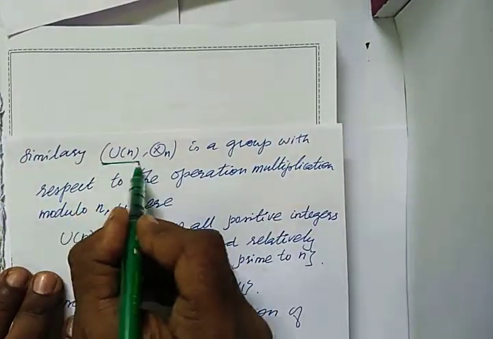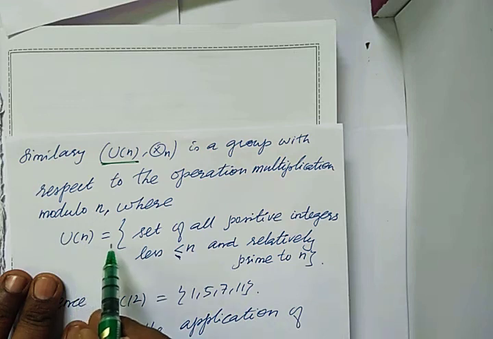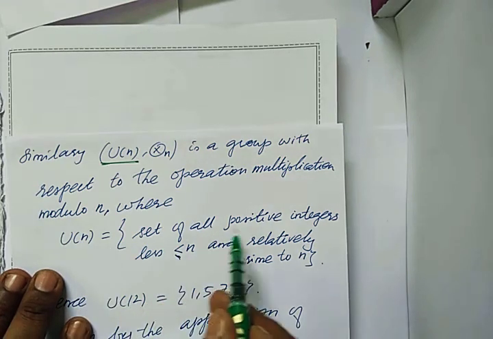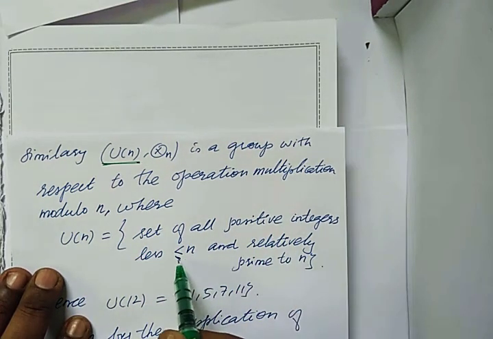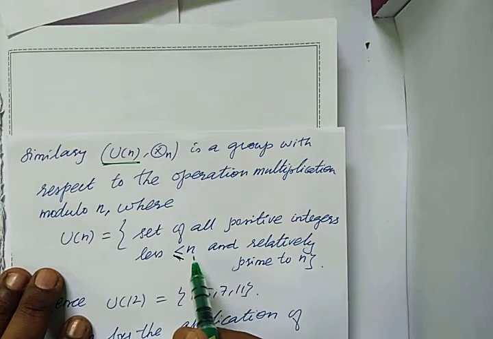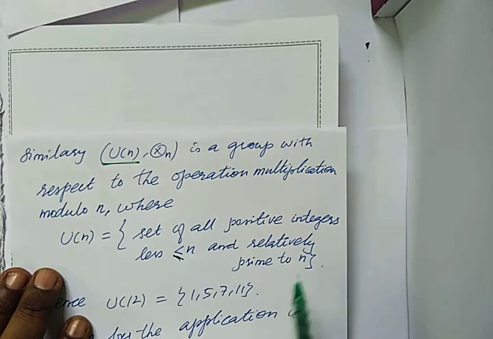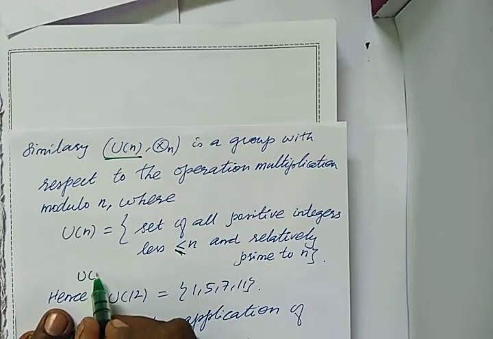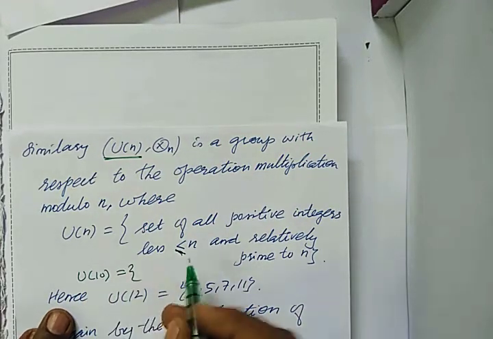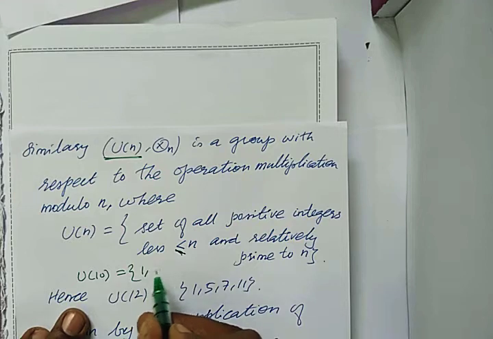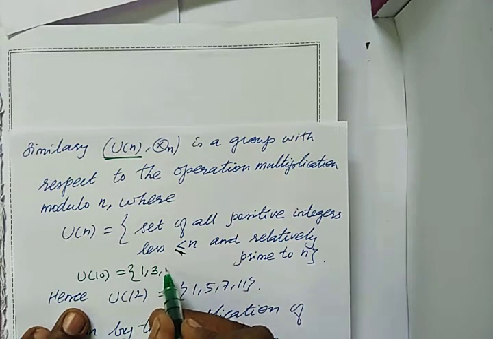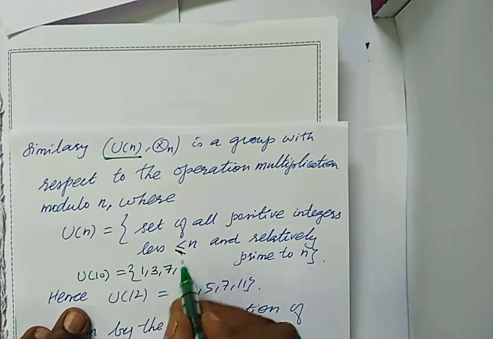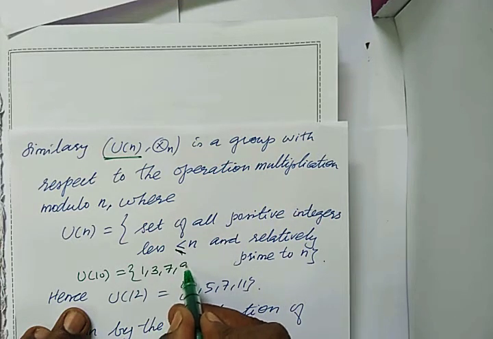U of n is equal to the set of all positive integers less than or equal to n and relatively prime to n. So what is U of 10? U of 10 means there will be 1 but not 2, but 3, not 4, not 5, not 6, but 7, not 8, but 9.